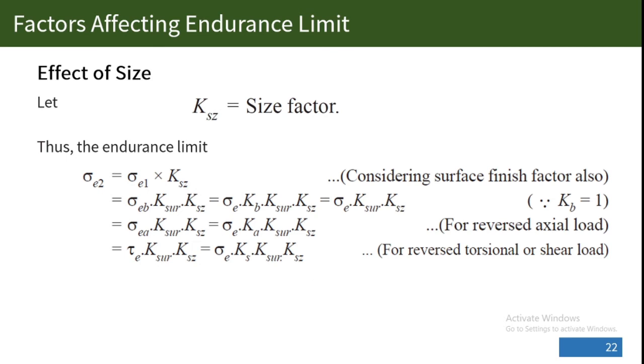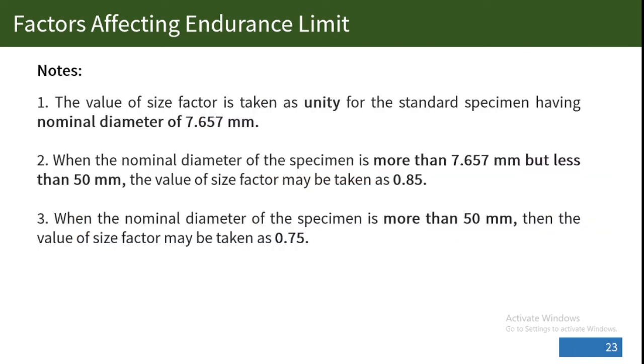In considering the size of the specimen that is used in the rotating beam method, please take note that the value of the size factor is taken as unity. This is one of the things to be remembered when you consider the size factor. K sub SZ is taken as 1 for the standard specimen having a nominal diameter of 7.657 millimeters.